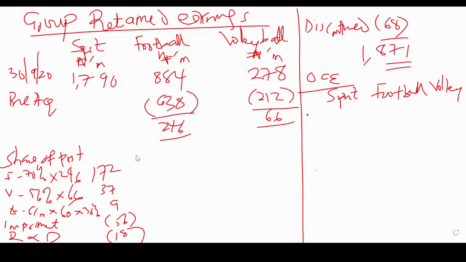As at 2020, end of our accounting year, OCE is 146 here. For football, 74. For volley, 50. Now, what is the pre-acquisition here? Pre-acquisition, 54. And under volley, 40.